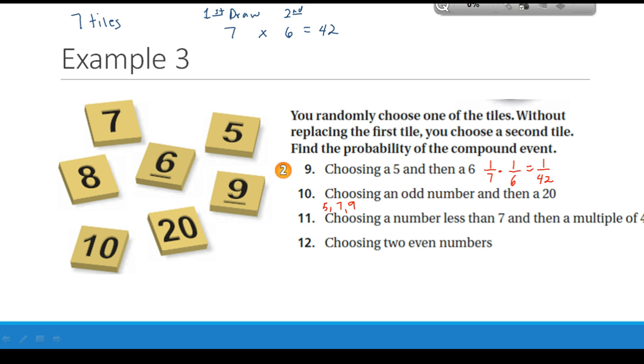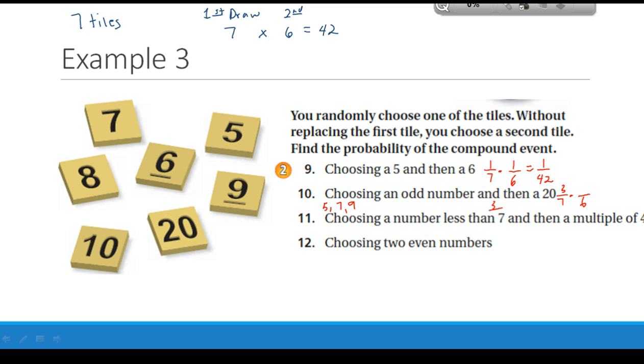So there's 3 odds. And the first time I draw it, I'm going to write it over here. There would still be 7 choices, right? Now there's only 6 choices left the second time, so it's going to be out of 6.